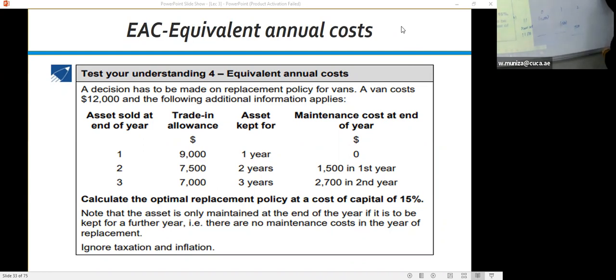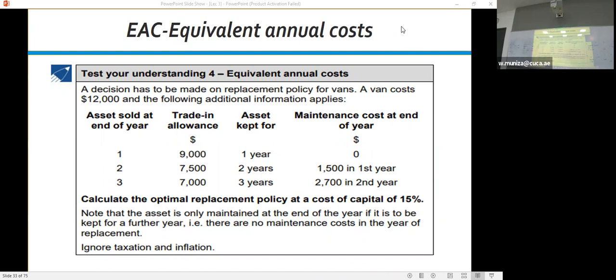For the third case, years 0, 1, 2, 3, the initial investment will remain the same. Maintenance cost in the first year is 1,500 and in the second year it is 2,700.